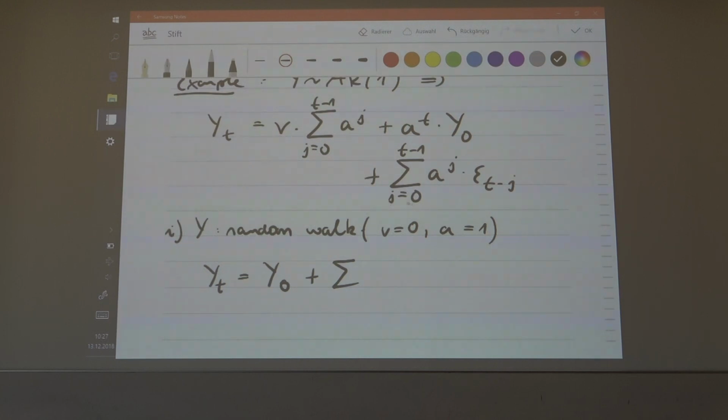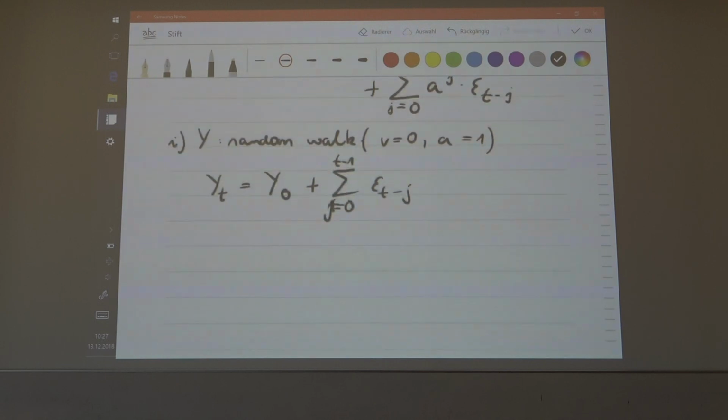You could start at j equal to 0 to t minus 1, the sum of epsilon_{t-j}, or you could just rearrange this, because the first one of this expression is going to be epsilon_t, the second one is going to be epsilon_{t-1}, the third one is going to be epsilon_{t-2}, and so on.